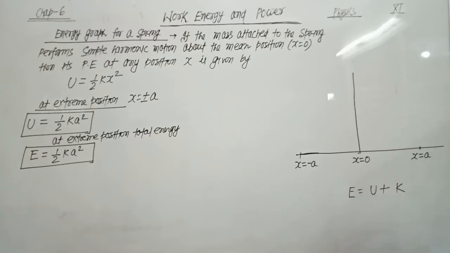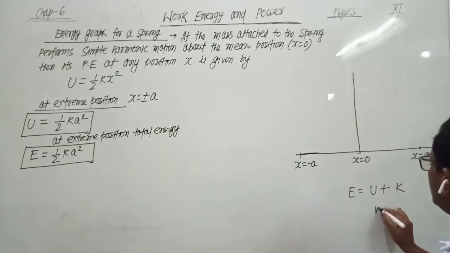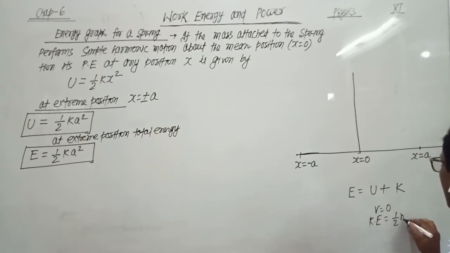At the extreme position, the body is momentarily at rest, means its velocity is 0. V equals 0, and we know the formula for kinetic energy, half mv square. Since v is 0, kinetic energy K is equal to 0.